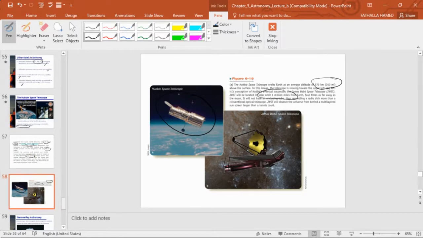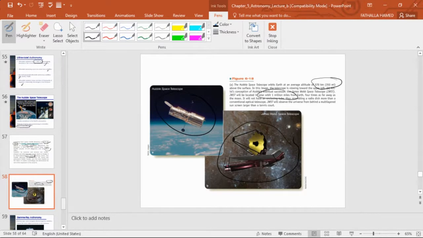Now, there is another telescope that we call the James Webb telescope. It was supposed to be launched early this year, but I think it's delayed till October 31st, 2021, and we'll see. With the coronavirus and so on, they delayed things a little bit.